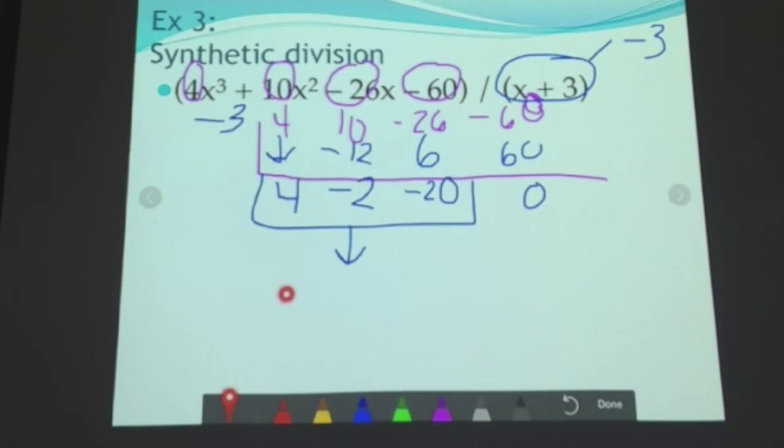So this will be my x squared, my x, and my normal number, or my constant. So let's write my final answers. That would be 4x squared minus 2x minus 20. That's the same answer you would have received had you done the long division. Crazy, huh? It's a little bit faster, a little bit easier.